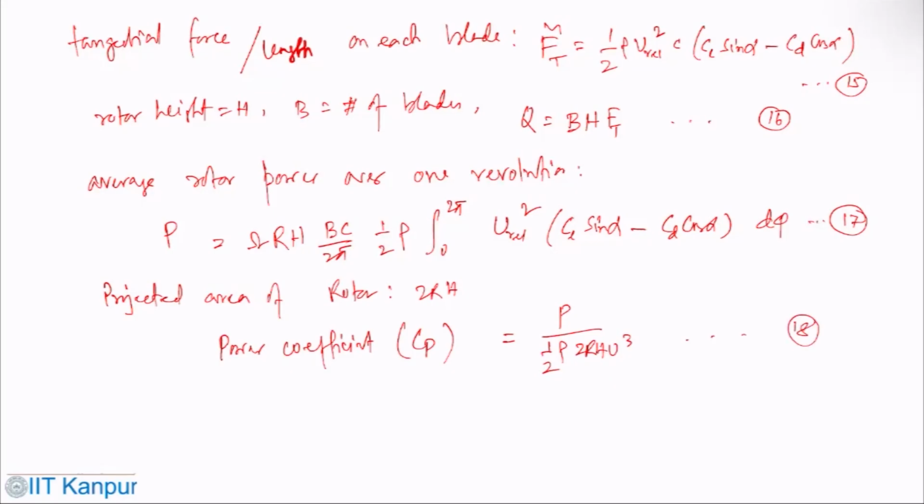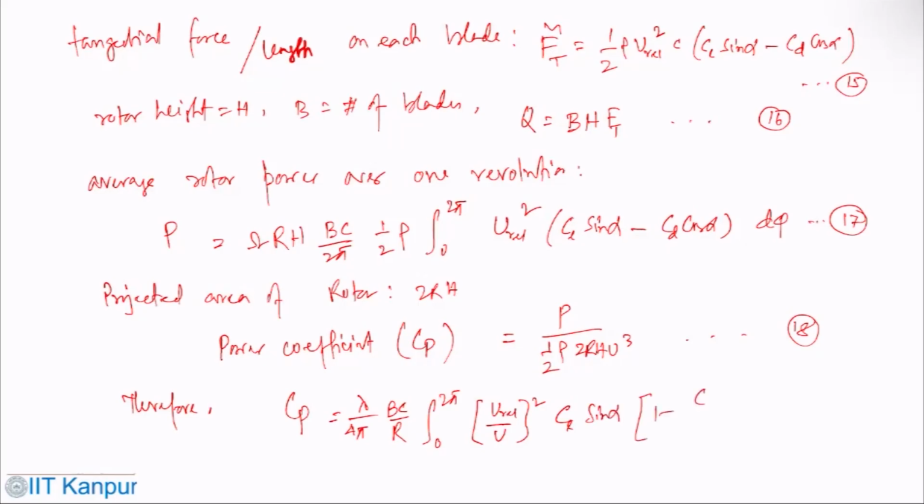Therefore Cp equals lambda by 4 pi, Bc by R, integral 0 to 2 pi, of (U rel by U) square CL sin alpha (1 minus CD by CL tan alpha) d phi.